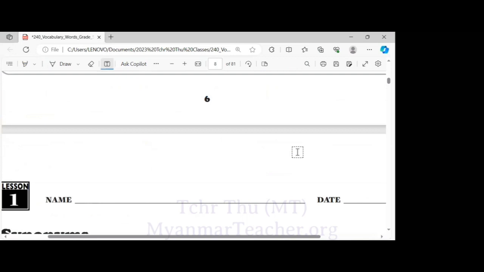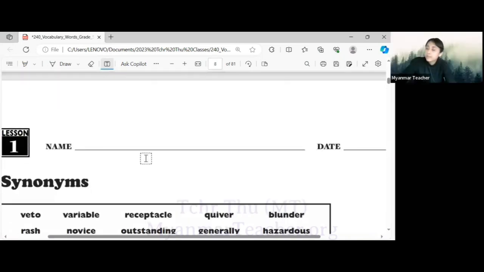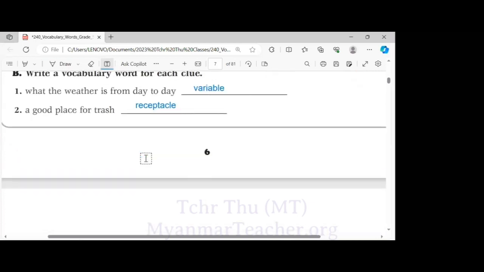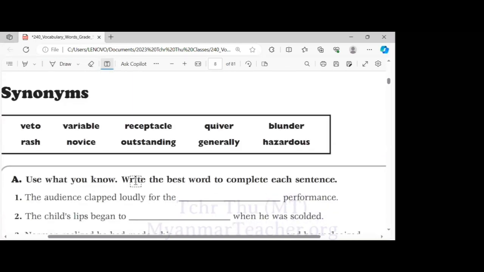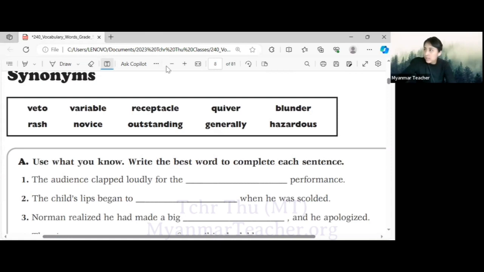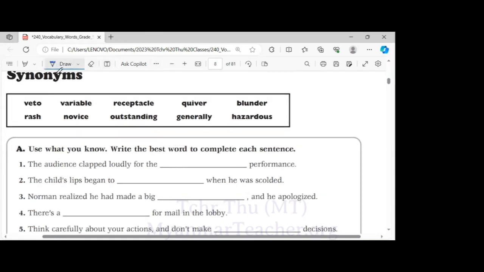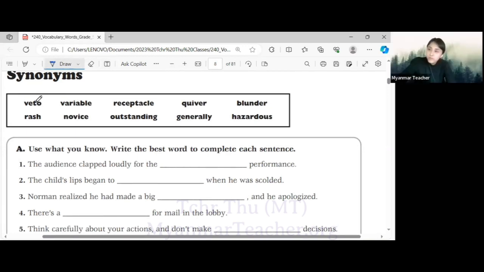Receptacle. Container. Yes. Okay. Now you have to use the words from the box: veto, variable, receptacle, quiver, blunder, rash, novice, outstanding, generally, hazardous.